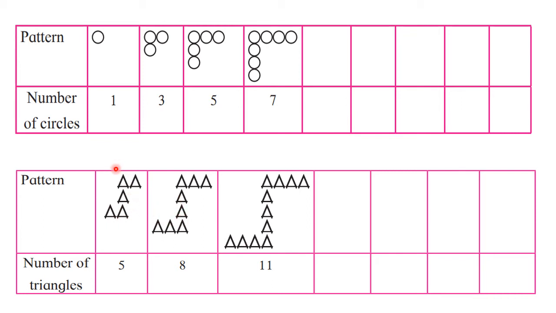So here 1, 2, 3, 4 and 5 triangles are there. With 3 triangles added everywhere, the next number you got is 8. Then 3 more triangles are added, so you got 11. So you can observe that everywhere the number of triangles is increasing by 3.